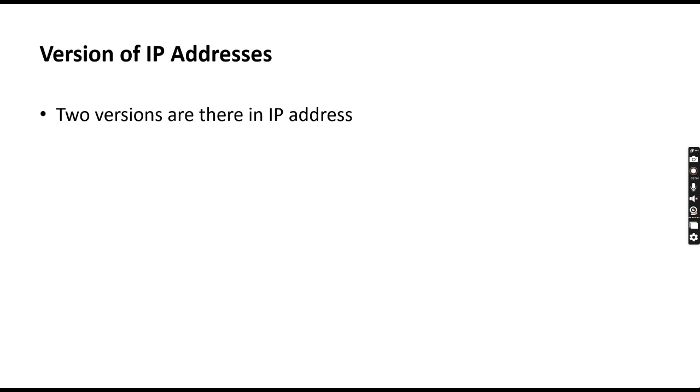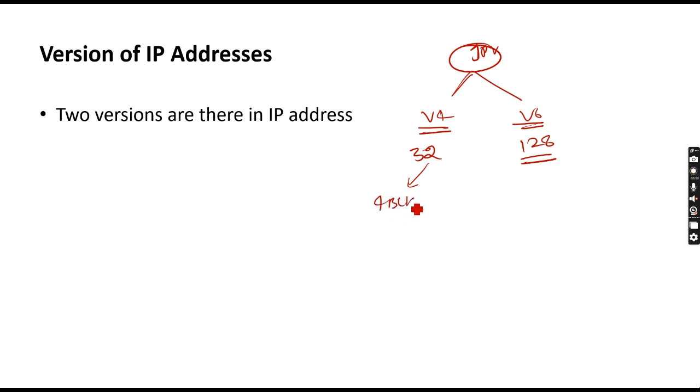Now there are two different versions of IP addresses. One is version 4, another is version 6. Version 4 is a 32-bit address, whereas version 6 is a 128-bit address. The 32 bits are divided into 4 blocks, and here it is divided into 8 blocks.